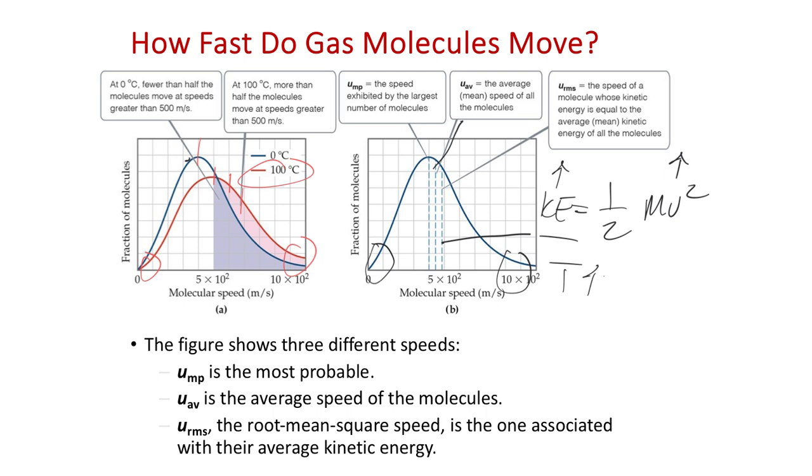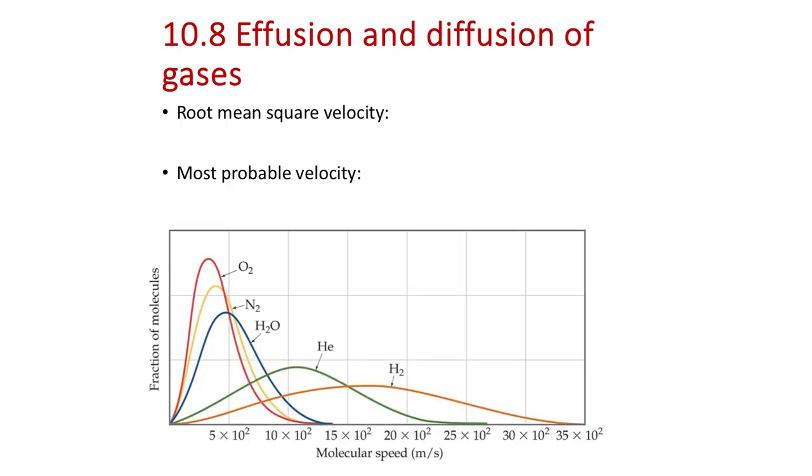And so we can calculate some of these parameters. There's a couple of equations that relate to the calculation of root mean square velocity and most probable velocity. There's even an equation that we won't get into for the average. The most probable velocity is equal to the square root of 2RT divided by the molar mass.